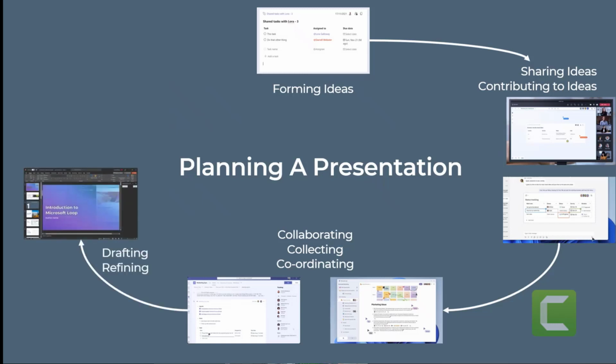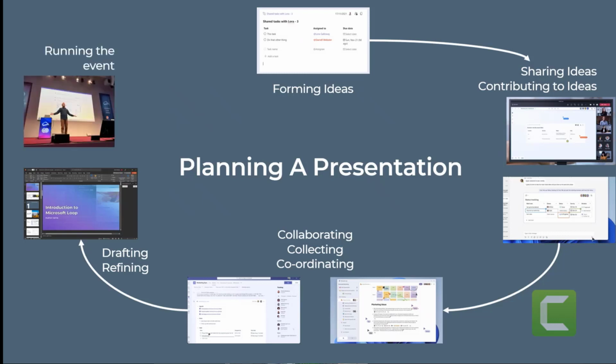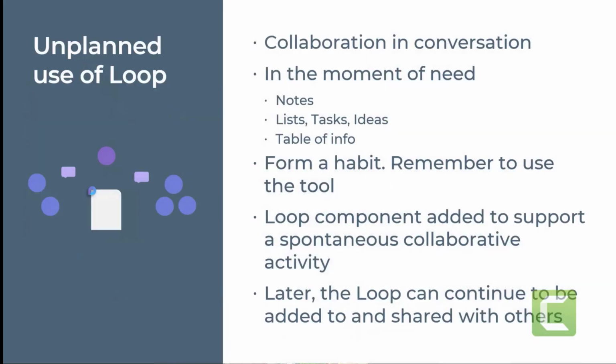We then start to work within the more substantial tools, and then we're actually running it, taking that content and using it to its fullest potential. So it's not by chance that I chose to illustrate this as a loop. Hopefully that imagery will stay with you: the life cycle, or the loop, of content and ideas.